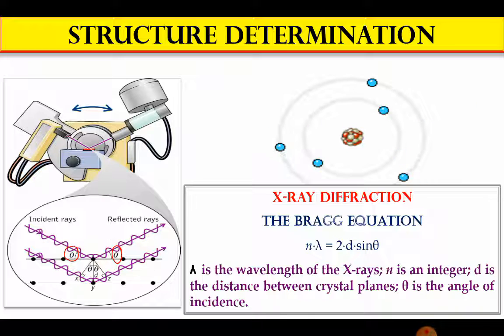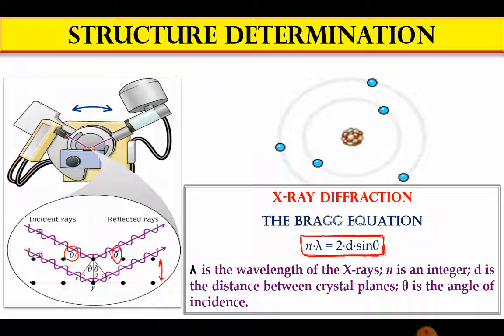So what is the equation for this? Bragg studied this system, the solid state material, and according to Bragg's equation, n lambda is equal to 2d sin theta. Here lambda is the wavelength of the X-ray, measured in nanometers. n is an integer number, and d is the distance between two lines or crystal planes.